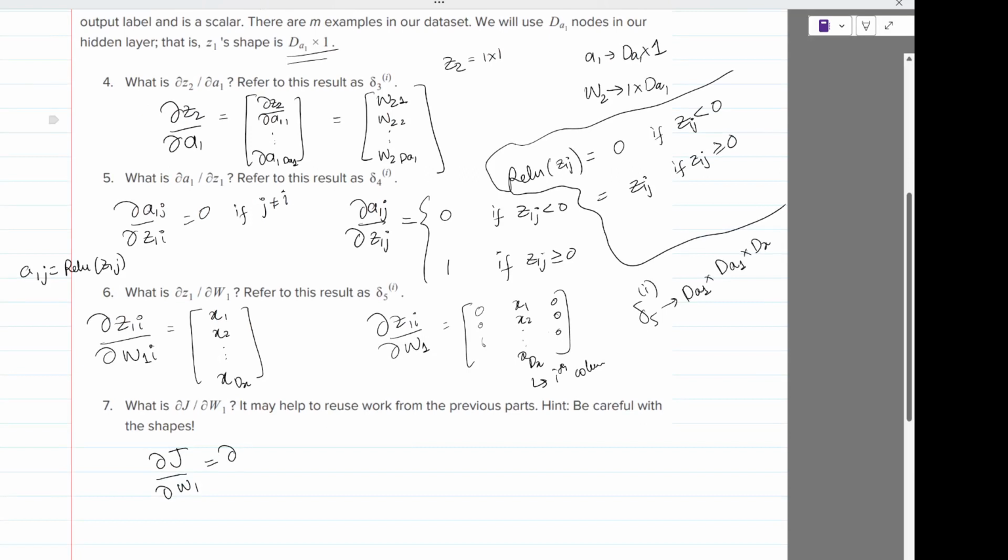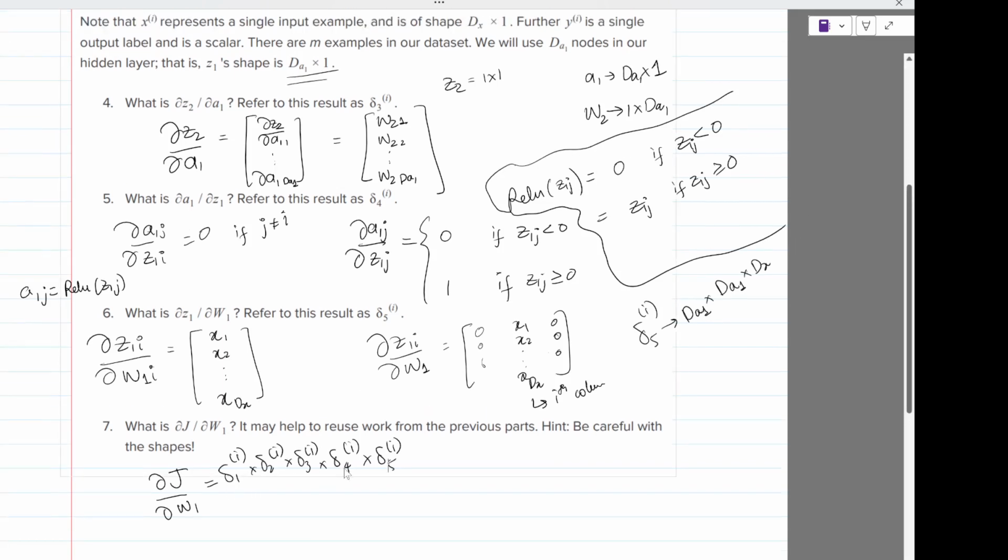It will be something like this, but we will have to take care of how the shapes are. I have a strong feeling I have made some error in the last part regarding the shape.